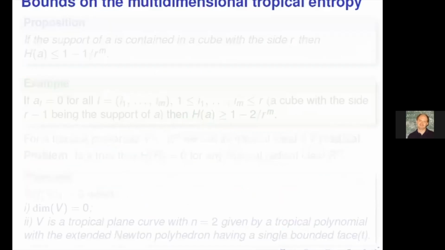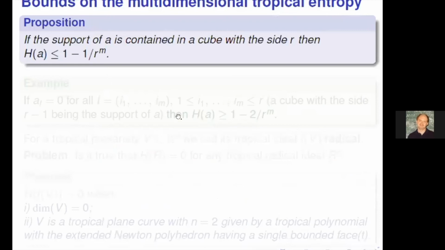Well, now not much is known. Some bounds: if the support of A is contained in a cube with side R, then we can separate the entropy from 1. Actually, trivially the entropy is between 0 and 1, and we can separate it from 1 if we know something about the support.